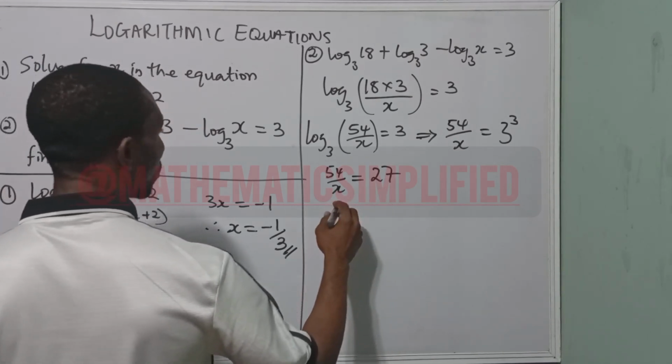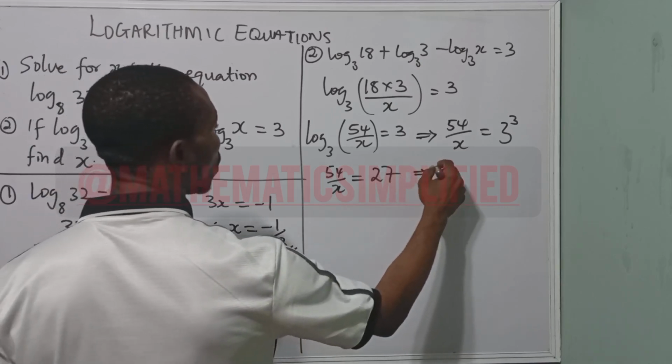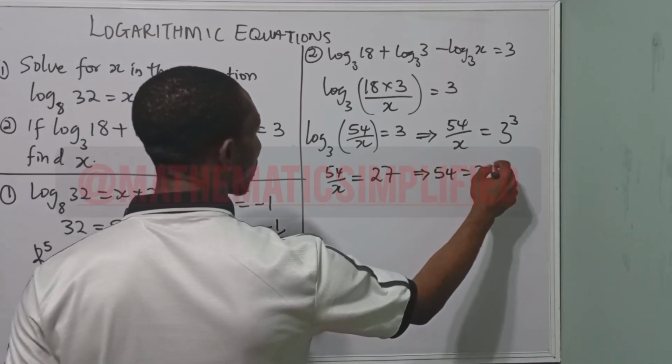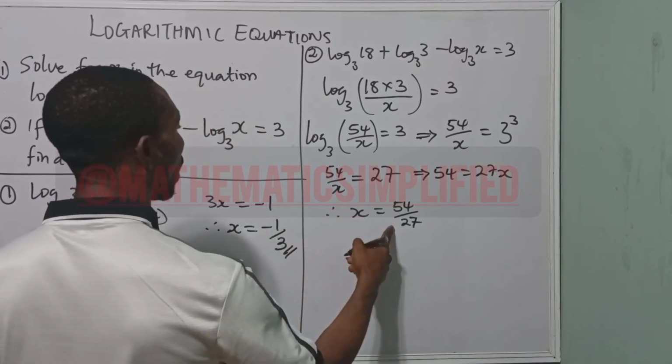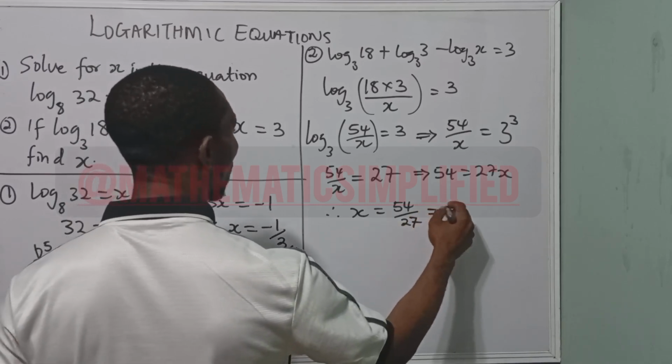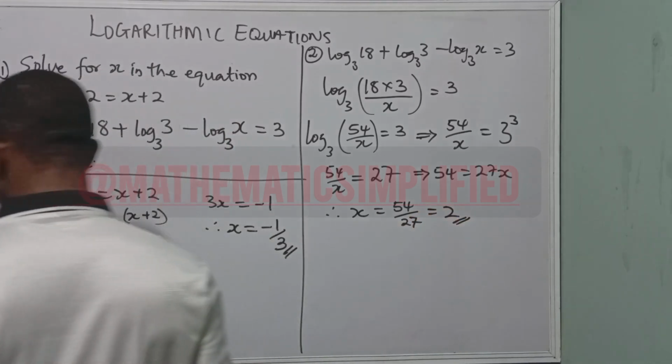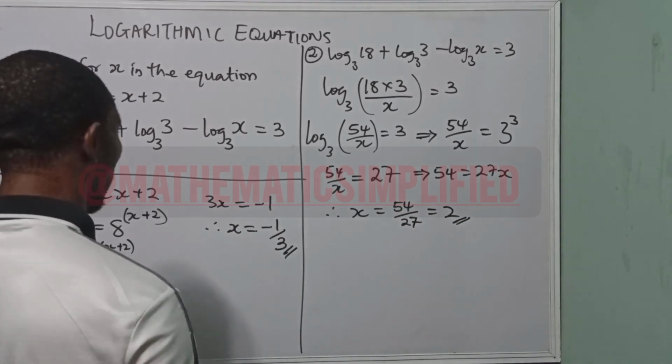So this becomes 54 equals 27x. Therefore x equals 54 over 27, which gives us x to be 2. So the value of x would be 2.